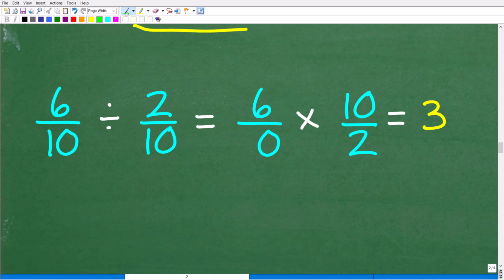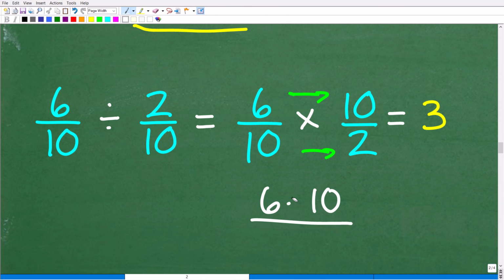So remember, we're going to be multiplying the respective numerators and denominators. So the answer here is going to be 6 times 10 over 10 times 2. So what you can do with your answer is cross-cancel like factors.